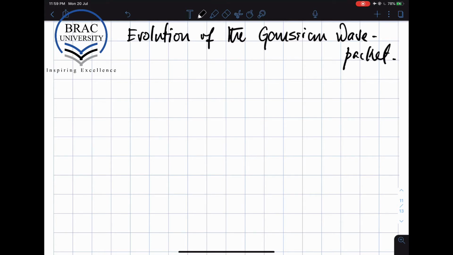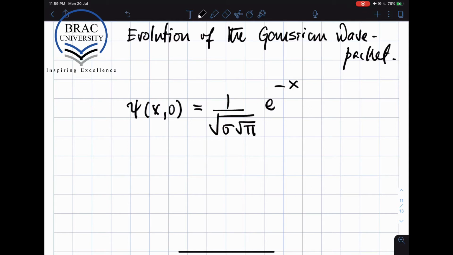So I'm not going to prove it here, but the Gaussian wave function of a particle which has some average momentum, expectation of p, is given by the usual Gaussian wave function times a phase factor.